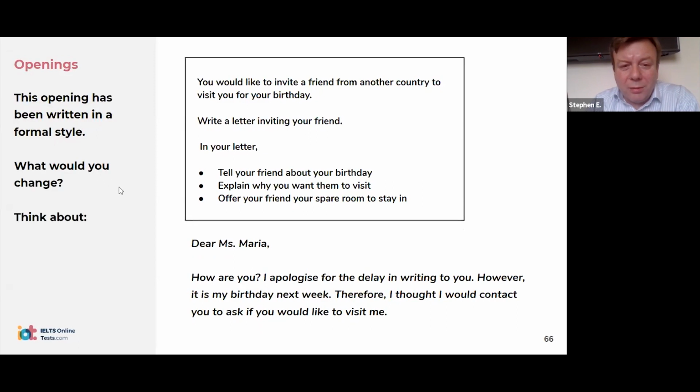Think about vocabulary. So we've got Miss. Anything else? Let me have a look and see what people are writing. Anything else?